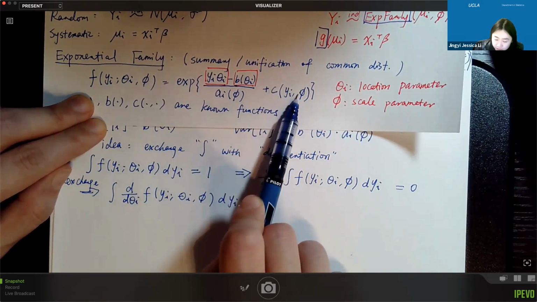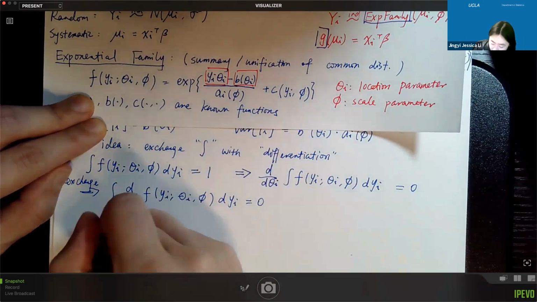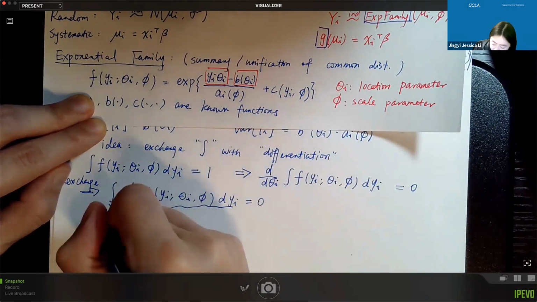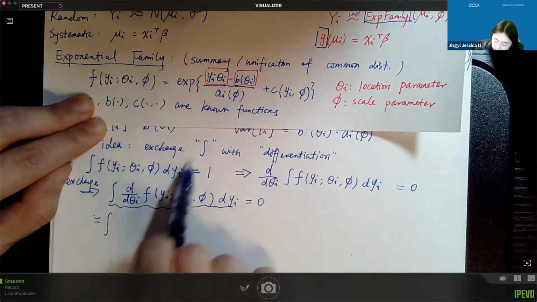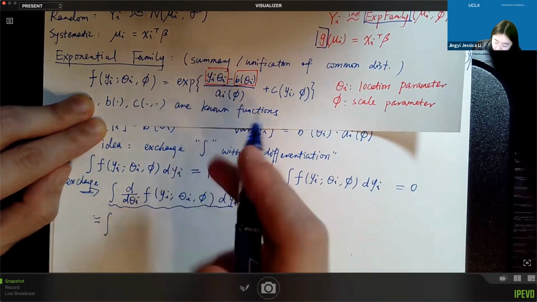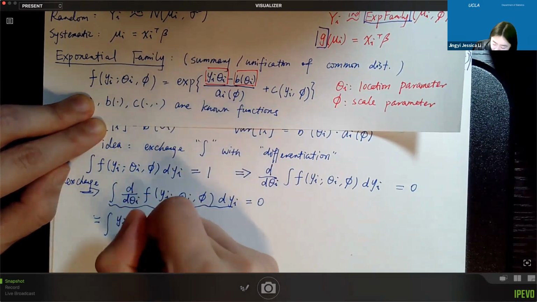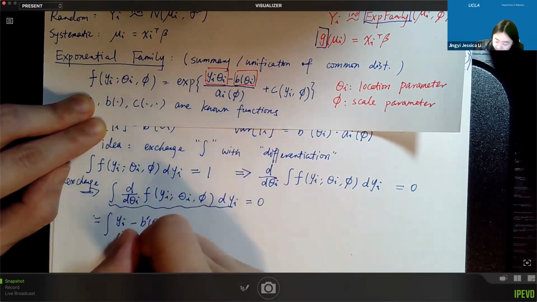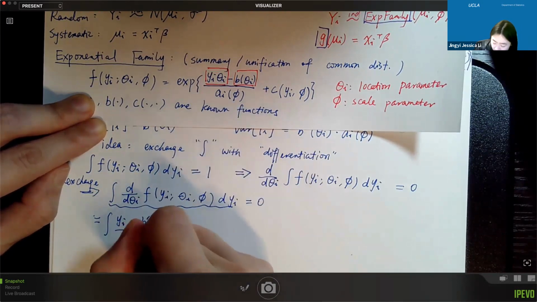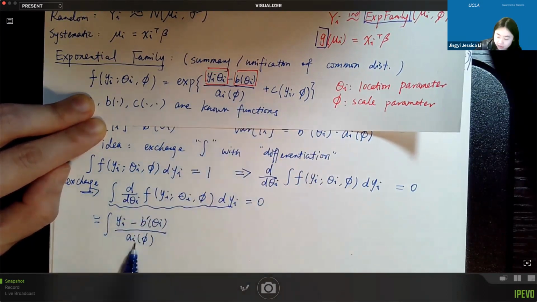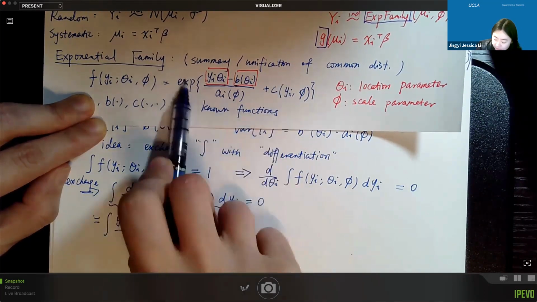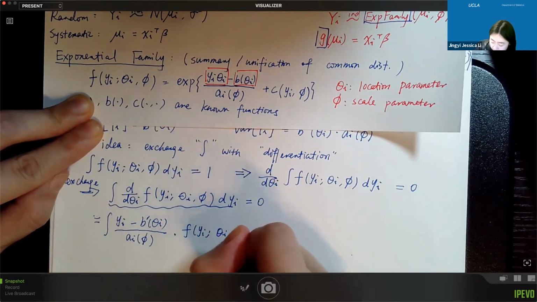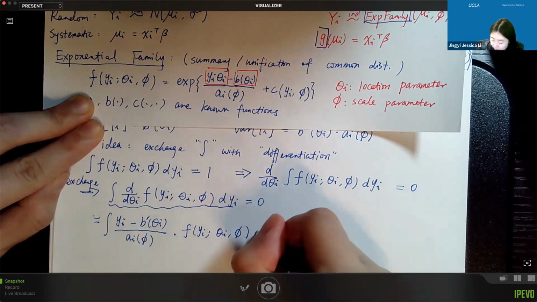This term has nothing to do with theta, so what's left is this term being differentiated against theta i. We will have yi minus b prime of theta i, because this is a function of theta i, and the denominator is not involving theta i. And then the same exponential term will stay, times f(yi, theta i, phi), and dyi.